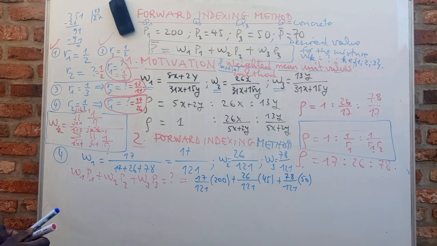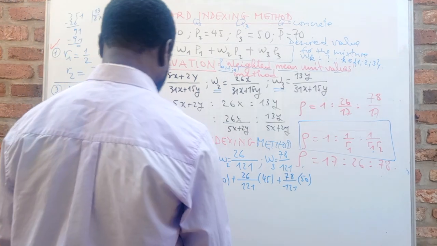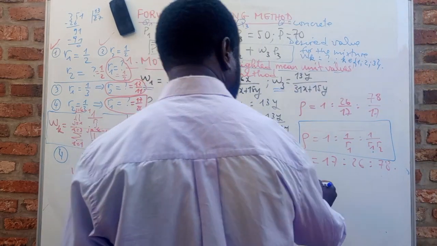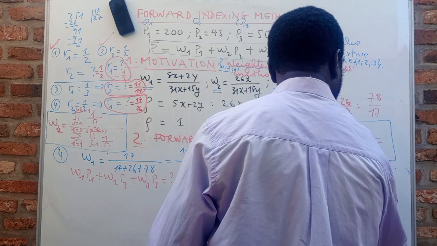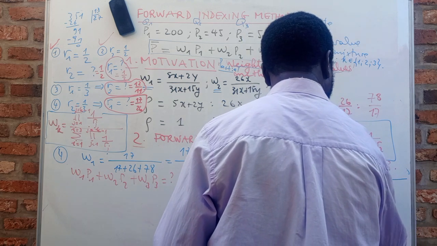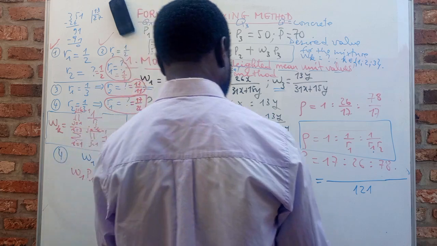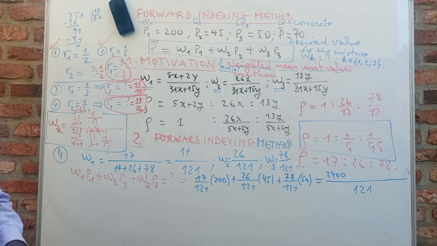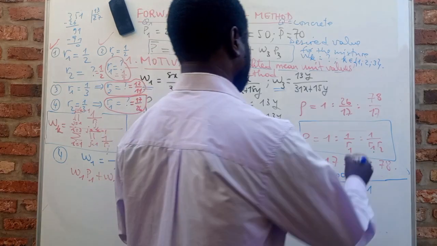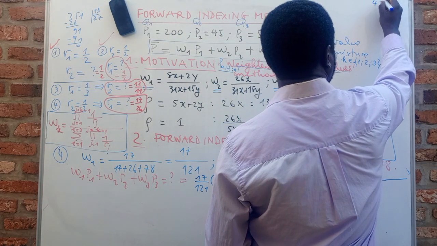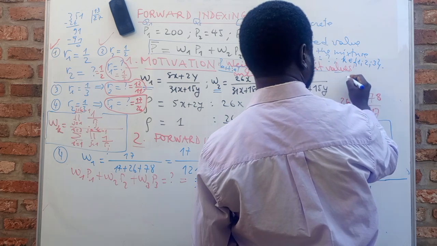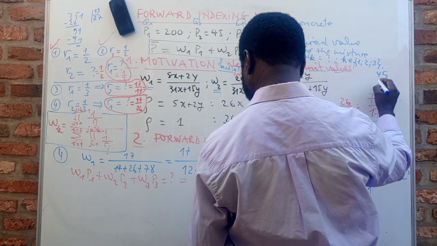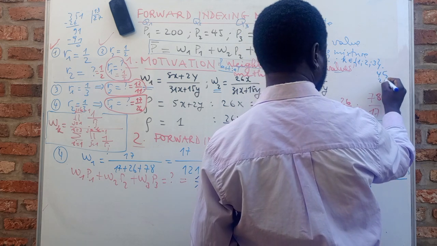So in this case, let us make calculation here. It is not difficult as such, but everything else we are going to divide by 121. So here it will be 3400, and 45 times what? 26.